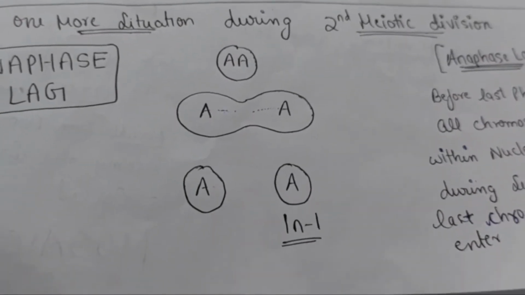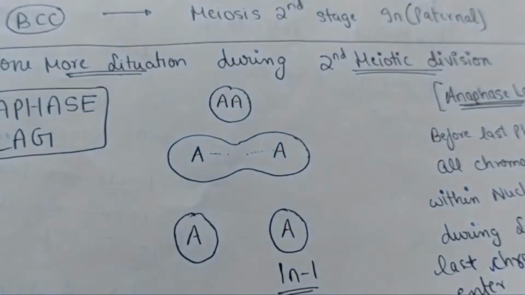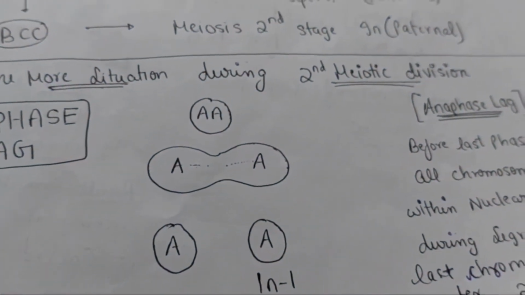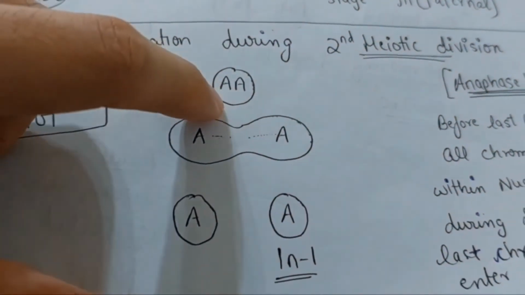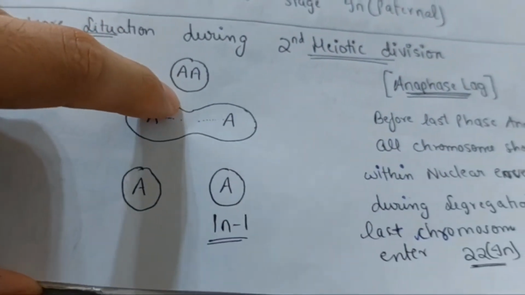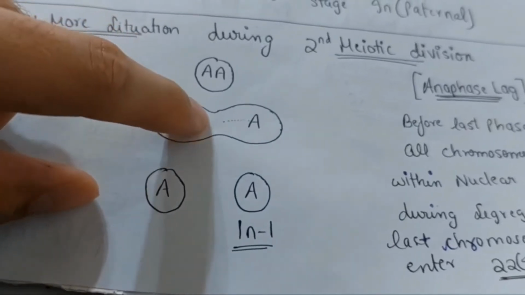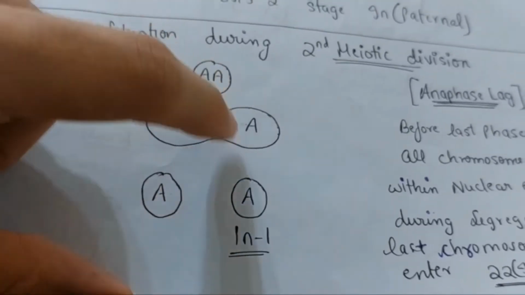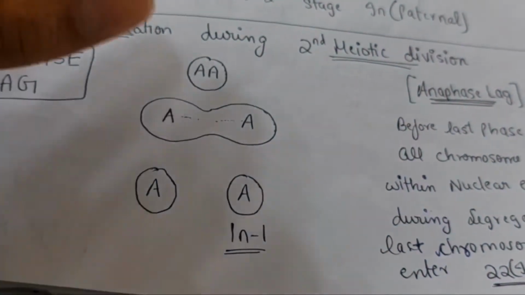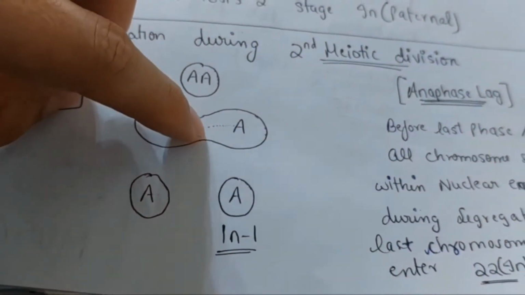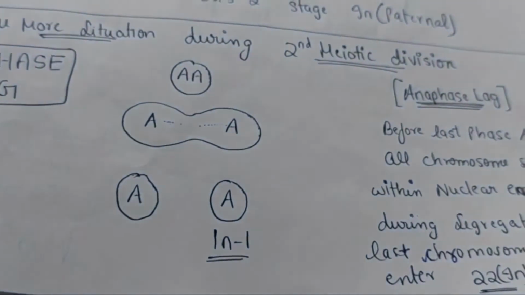Now sometimes what happens is that when the chromosomes are going to divide their material into two different cells, out of the set of 23 chromosomes which came here, where the nuclear envelope is going to develop, 22 chromosomes move within the area where the nuclear membrane is going to be formed, but one chromosome out of the 23 moves very slowly.